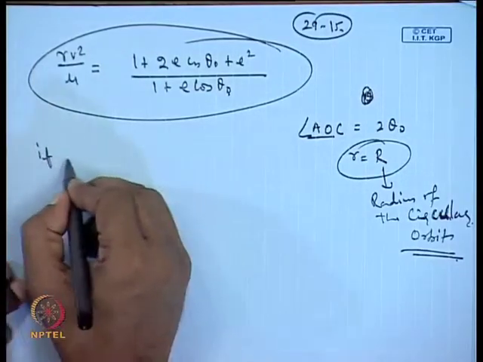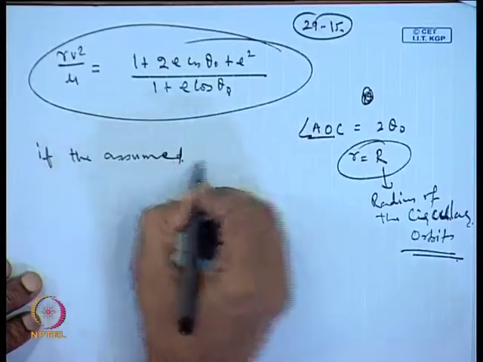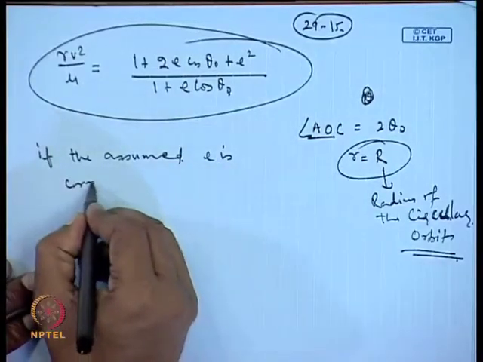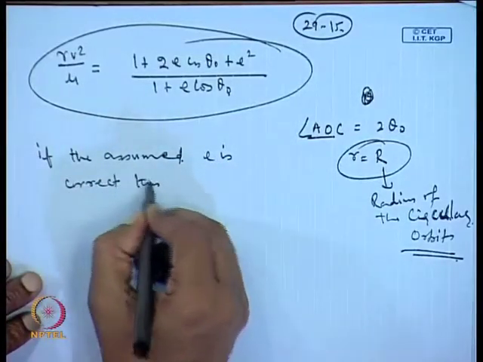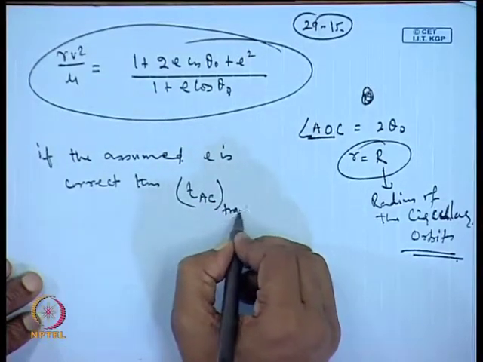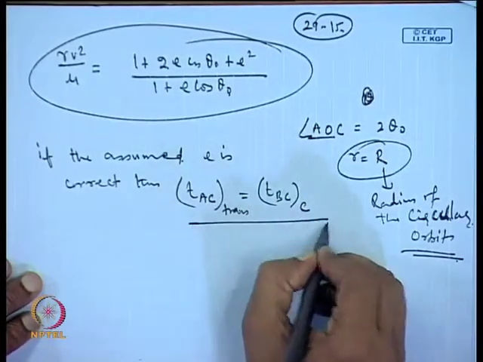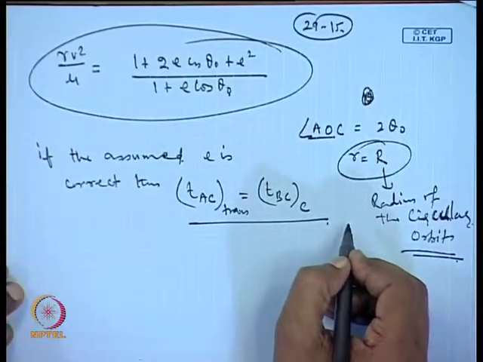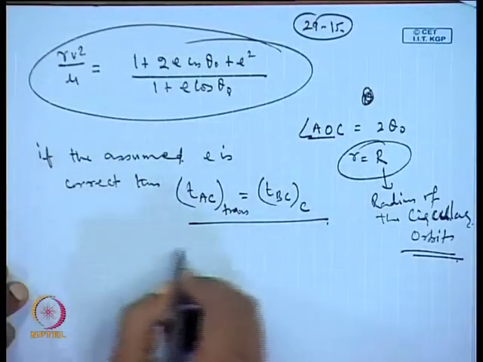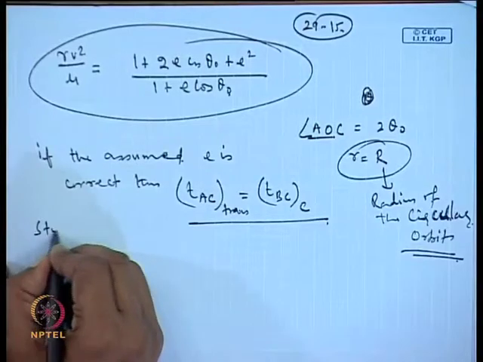So, now if the assumed E is correct, then what you will see is that TAC transfer is equal to TBC circular. If it is not, then you have to reassume the value of the eccentricity.